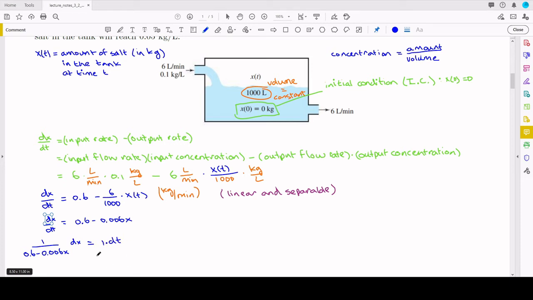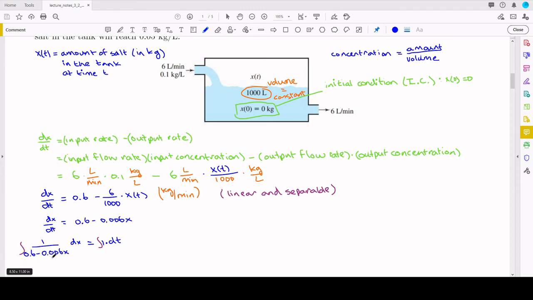So we can integrate that. So now our next step is to integrate both sides. So I'm going to take the integral on the left, integral on the right. And I'm going to skip the step here where I do a substitution in the interest of time, to not make these videos too long.